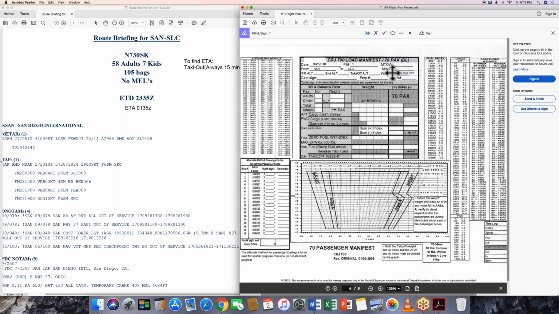Our weather time that we're using, we're just going to put our ETA there, 0135Z. Captain would sign there. Our employee number. Here's our aircraft number. We'll put it here, 730 Sierra Kilo. Okay. Boom.